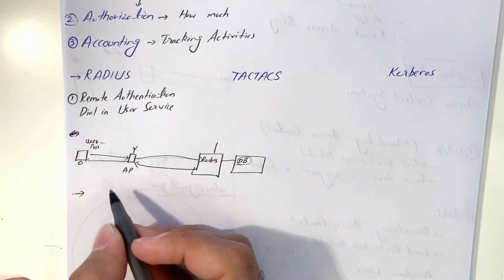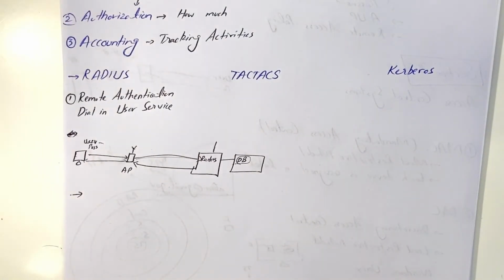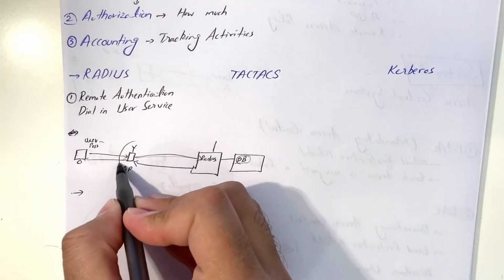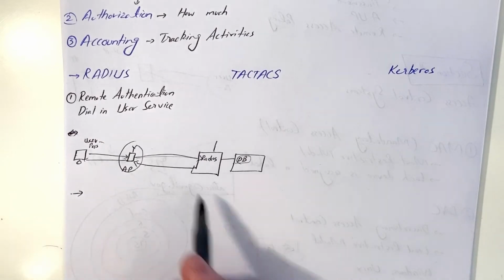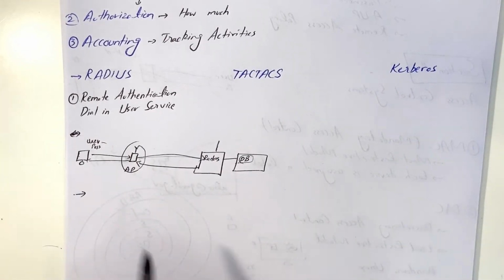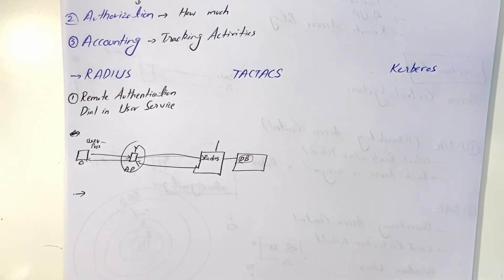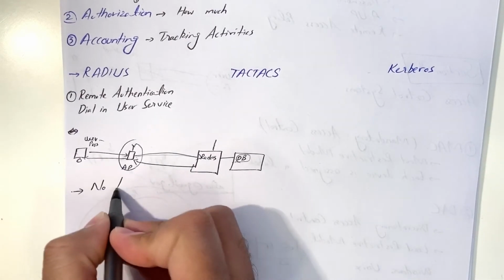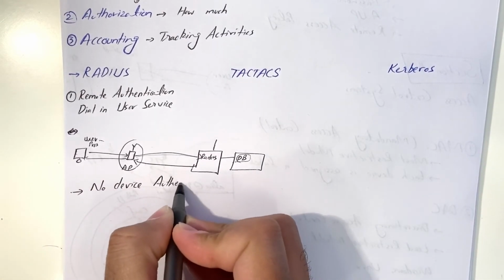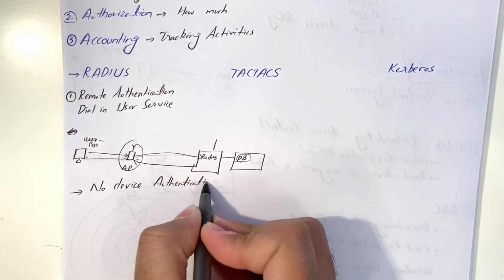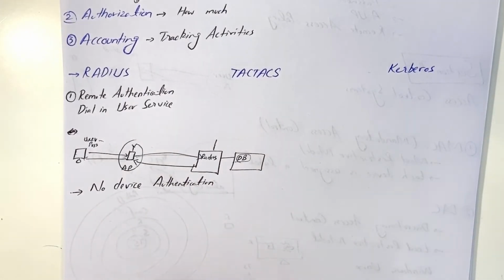Then there are a few problems with Radius. One is it doesn't provide device authentication. You can bring your own device into the network, plug the Ethernet cable back in, and it will start broadcasting the signal. So there is no device authentication in Radius. The problem is people can install a rogue access point.